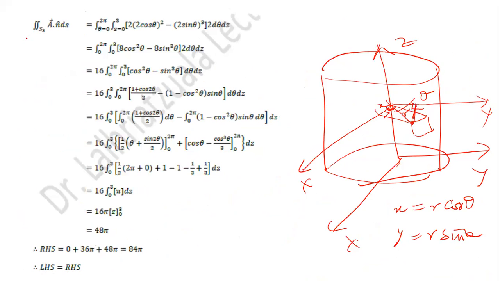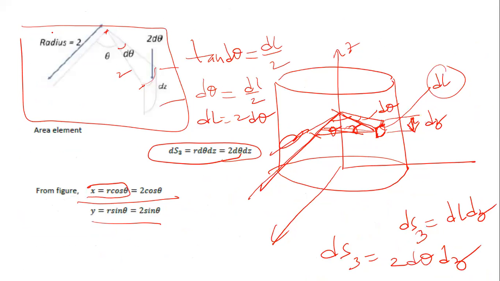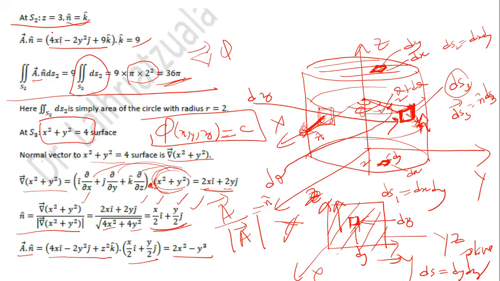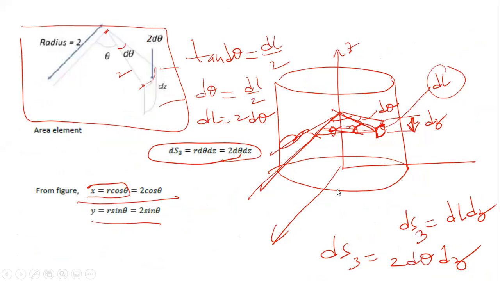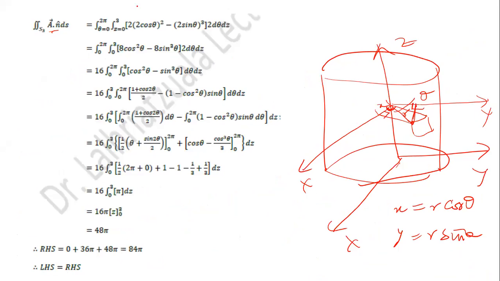So if you take this A dot n, we already obtained A dot n as this quantity, that is A dot n is 2x square minus y cube. So in 2x square minus y cube, you just put x as 2 cos theta and y as r sine theta, sorry, the radius is 2, so y is 2 sine theta, like the substitution I discussed.